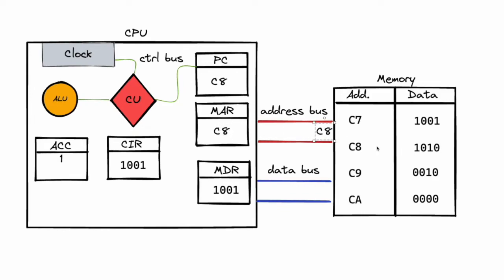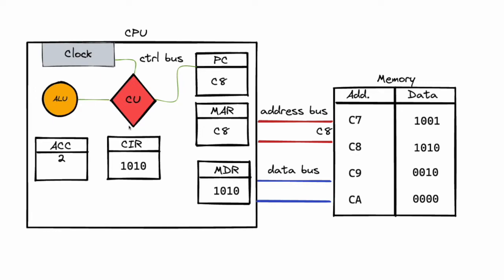We find the instruction stored at C8, send that along the data bus, gets copied into MDR, copy the instruction into the CIR, decode it, and execute. Let's pretend that this means multiply by 2.